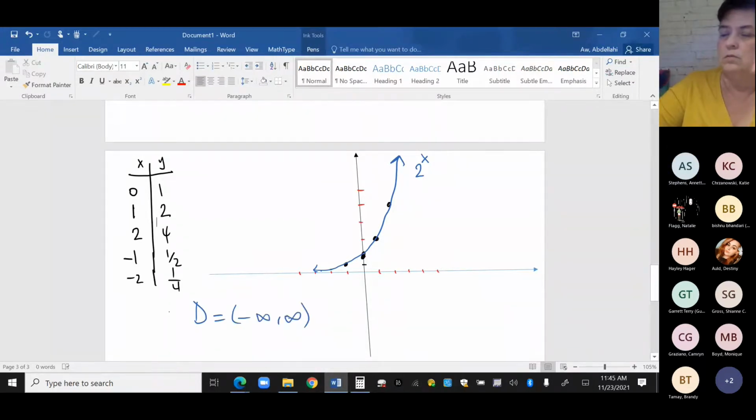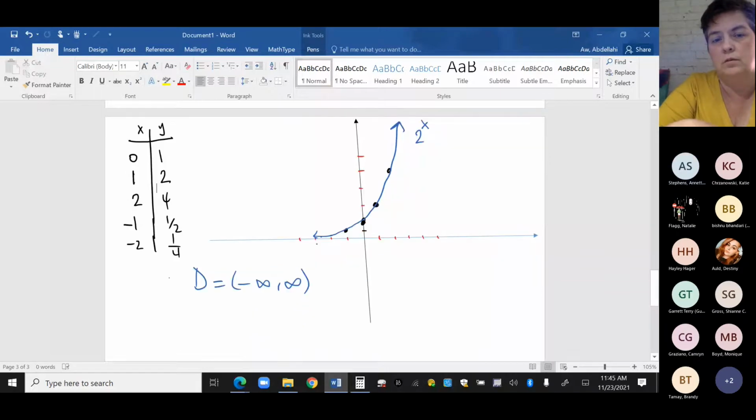How about the range? What is my lowest y value? What is my highest y value? What would be my lowest y value? Look at the direction, the trajectory of the left side.